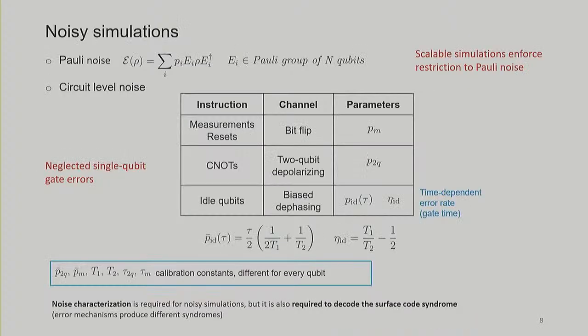Just before, you considered that you only had dephasing on your CNOT gate, or did you assume a more specific model? And are you also going, no, depolarizing, yes, sorry.